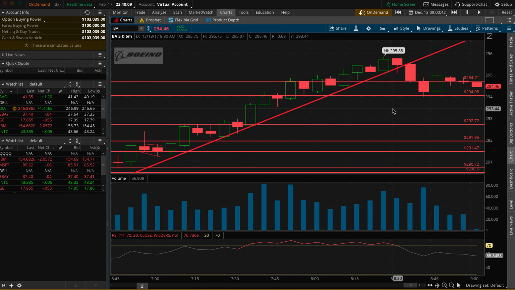I don't really like to trade after 9 o'clock because the volume dries up until about power hour, which is the last hour. Then the volume comes back in. So between 9 o'clock and 12 o'clock, there's a lot of consolidation, or moving in one direction, but very slowly, because there's very little volume.